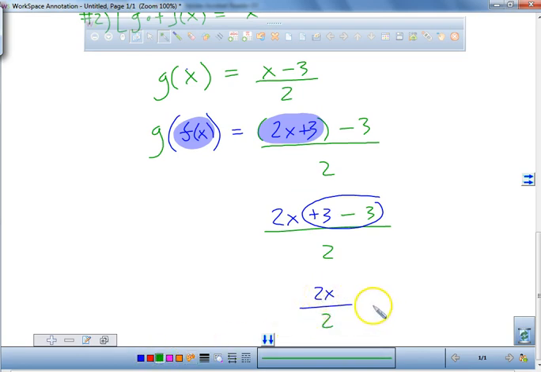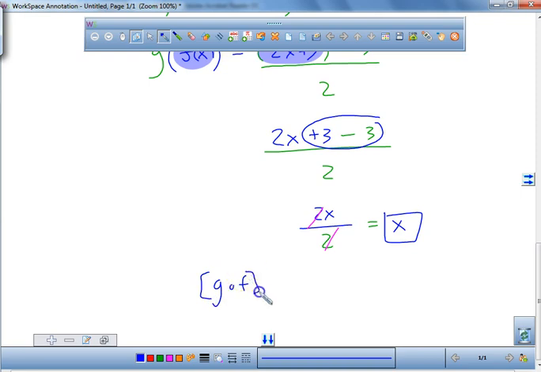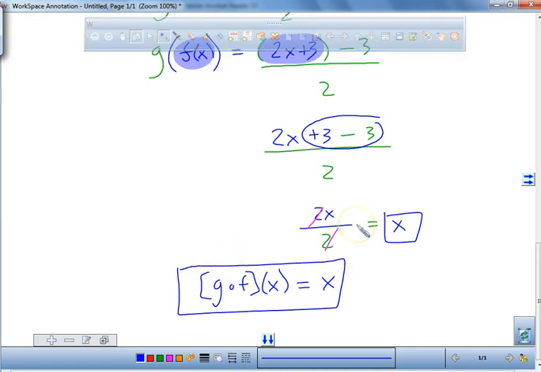What's 2 divided by 2? 1. So those end up canceling each other out. And now, once again, you're just left with x. So not only was f of g of x, but g of f of x also ended up equaling x. So that also lets you know that these are inverses of each other.